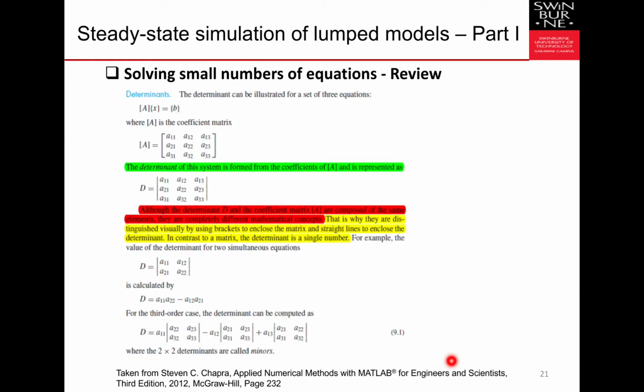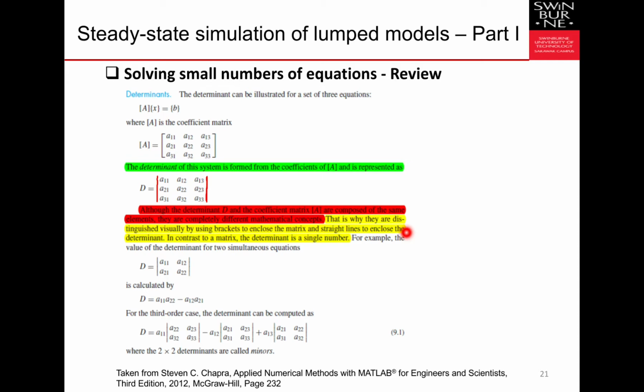Then we have another concept called determinants. A determinant is different from a matrix in that the symbol here refers to a line, not a matrix. A determinant is a totally different concept, because it refers to a single number.